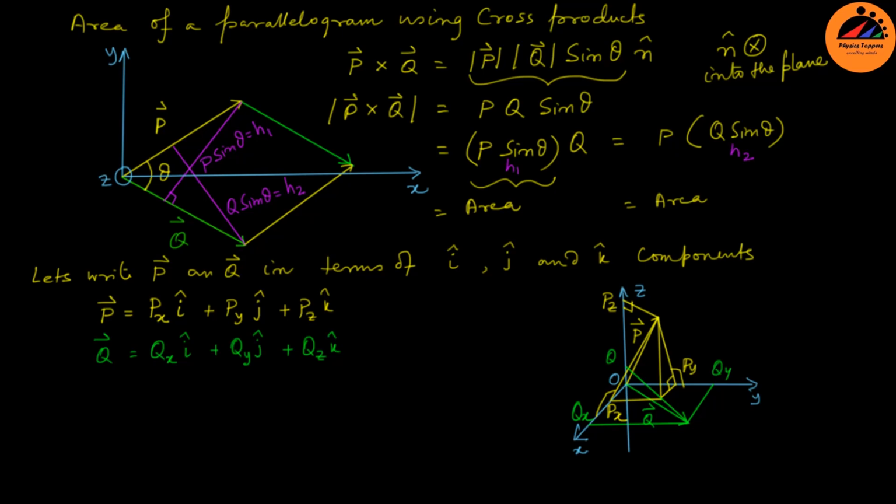qy and qz, right? And what will be the area? Let's draw this. Do one thing: just slide Q keeping it parallel to itself. Yeah. This is the Q. I think the magnitude is okay.